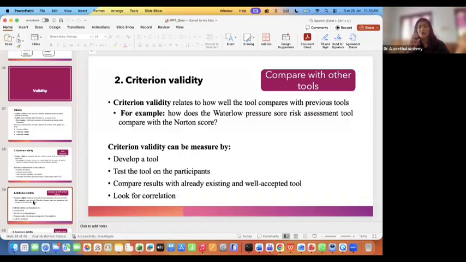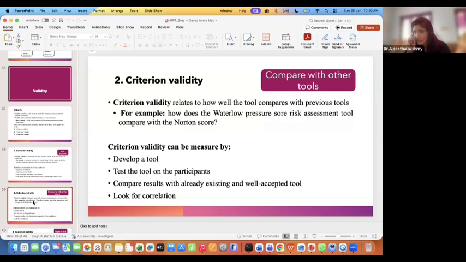See, what happens is, now I have developed a scale like pain management. For example, Ranjita has developed it, and I name it the Ranjita pain management scale. Give it to a set of, say, 30 participants and trial it.